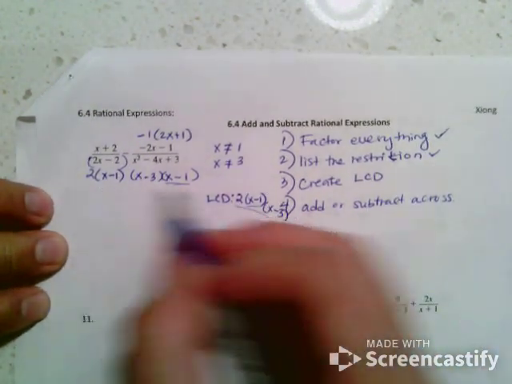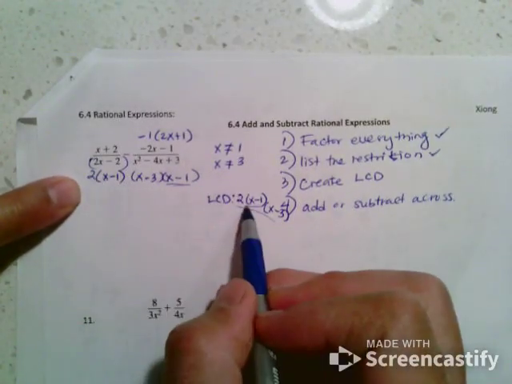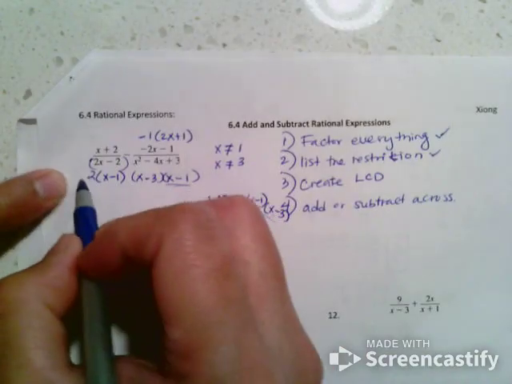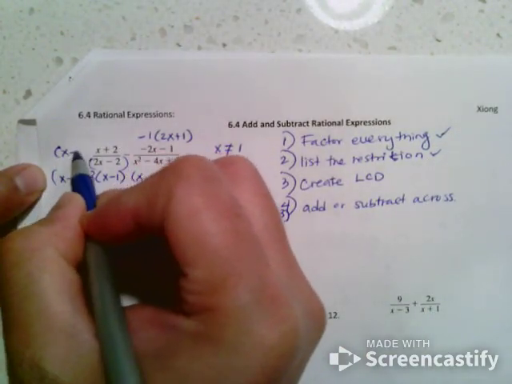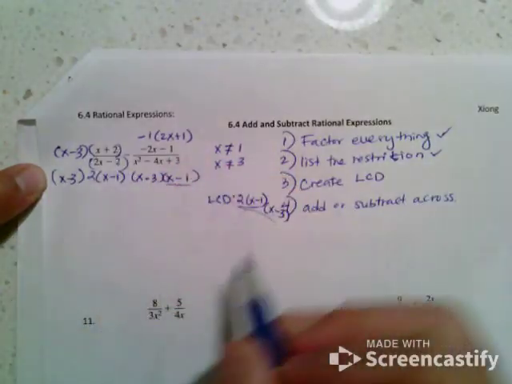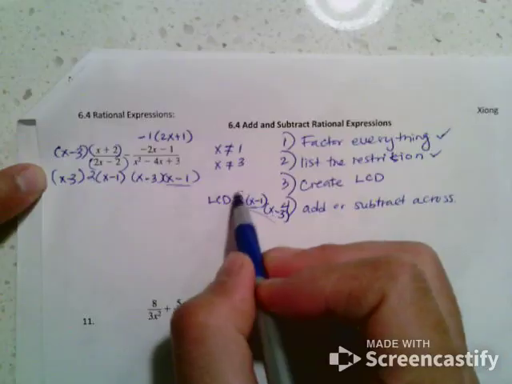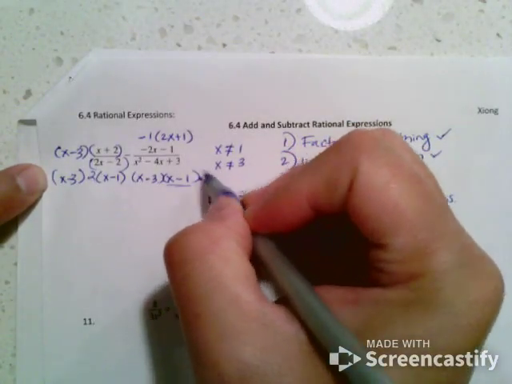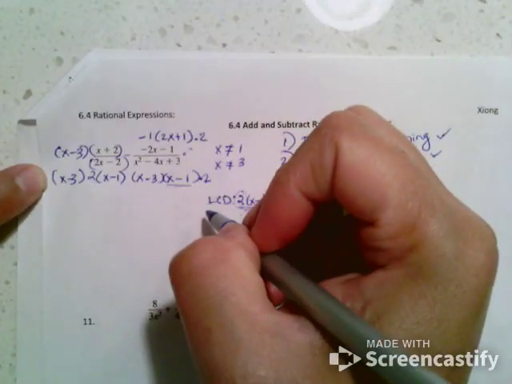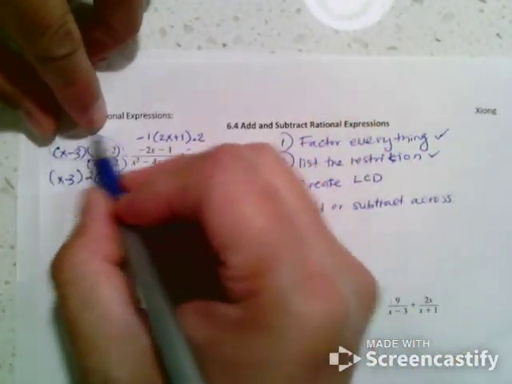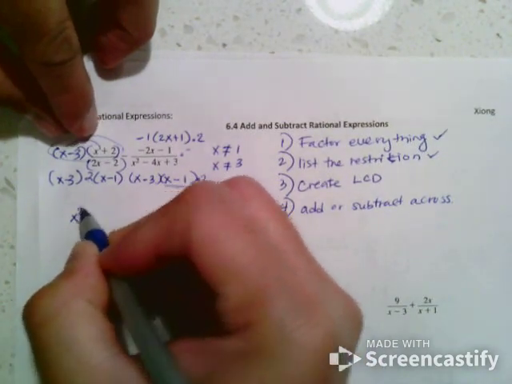And I need to create an LCD down here and here. So this one's missing this one, so I would have to multiply it by x minus 3. And then this one's missing just the 2, so I'll multiply this by 2 and the top by 2. Okay, so we want to work everything out, multiply this one out. There's a lot of multiplication that we have to do.